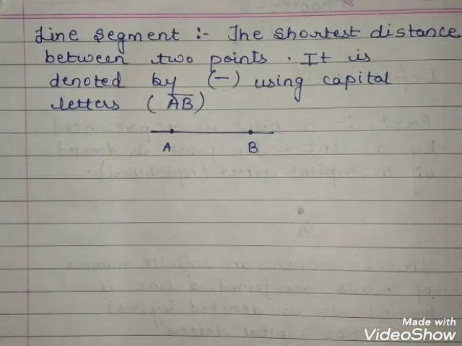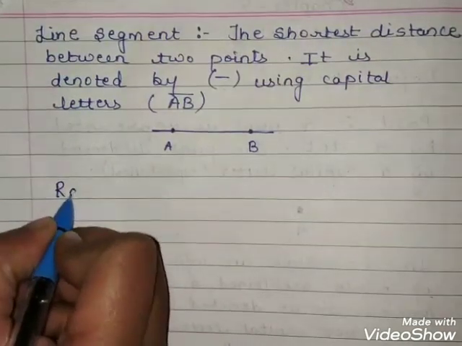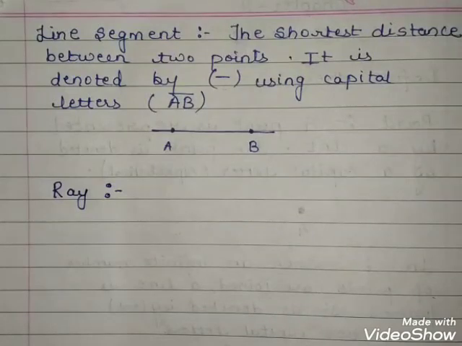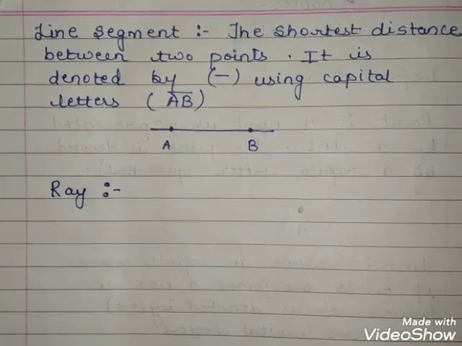Now today we need to move further and learn about ray. So children, if you have seen the sun rays, then you can observe that rays can move only in one direction and they also do not have a definite length, right? So what is a ray?